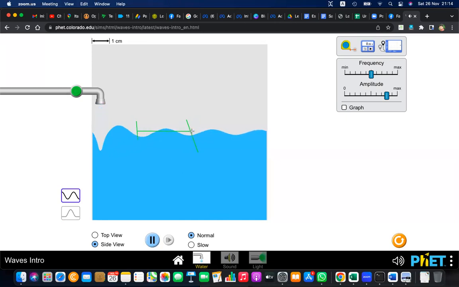Frequency means how frequently these drops are falling. So let's increase the frequency. When you increase the frequency, automatically the wavelength changes, because there's an equation V = F λ. I'm changing the frequency. Can you see when the frequency is reduced, the wavelength is more?